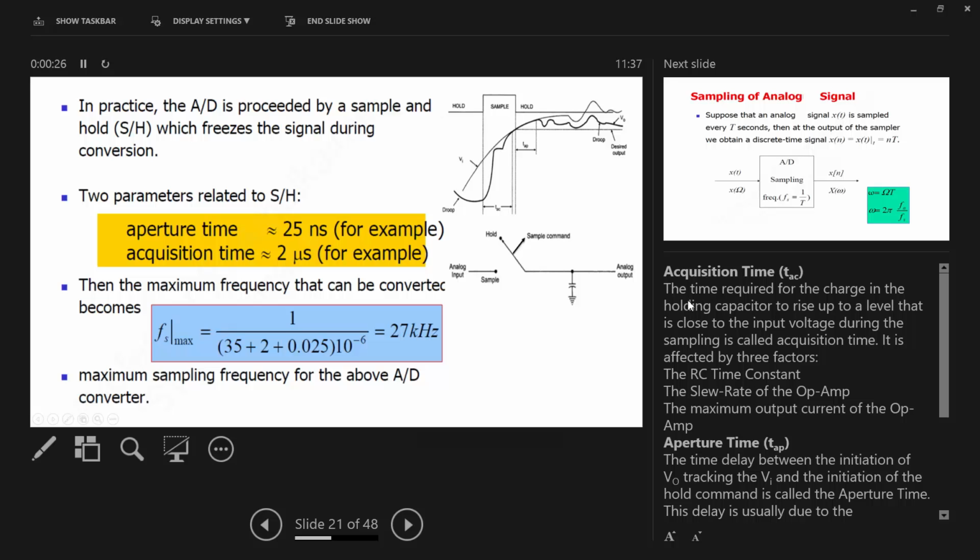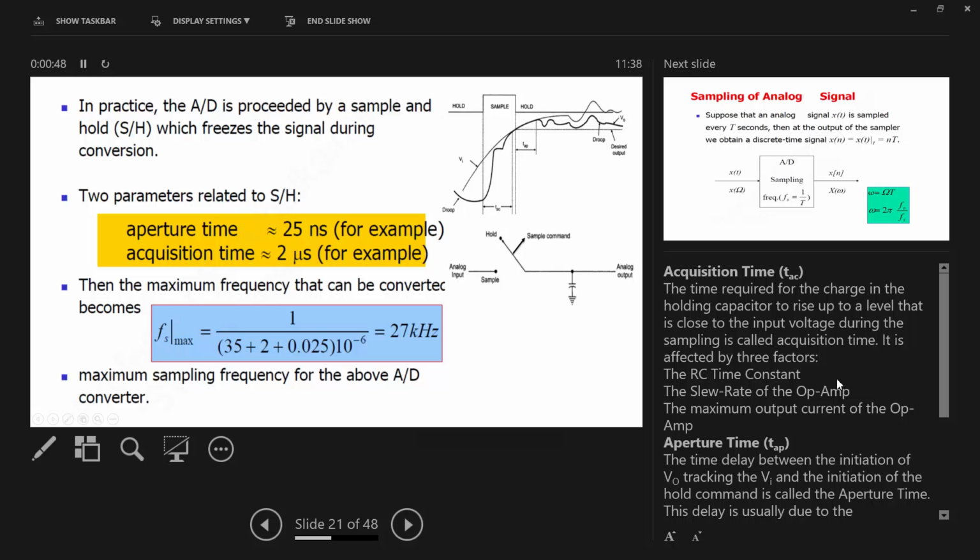Now, what is acquisition time? The time required for the charge in the holding capacitor to rise up to a level that is close to the input voltage. Because the capacitor will start charging, ultimately it will reach a particular level very near to the input. This time is the acquisition time.